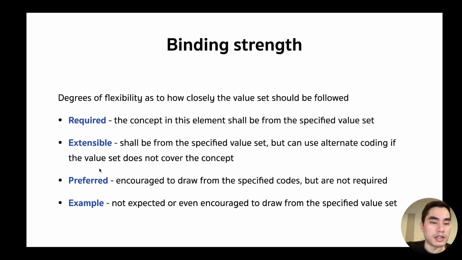The next one is preferred. It means that they encourage you to use it, but it's okay if you don't. You can use another code system. Example, the last one, means that they do not expect you to use it. They just give it to you for example purposes.